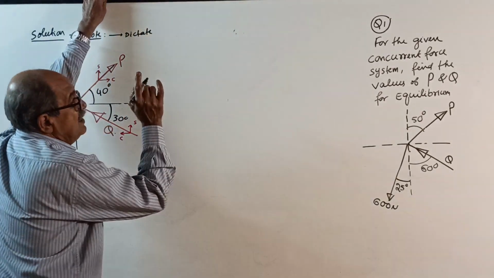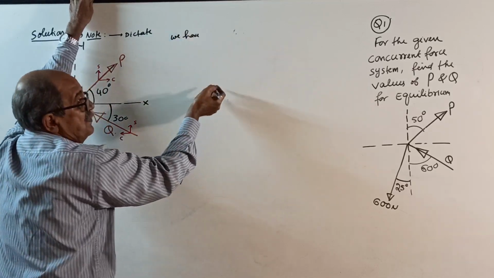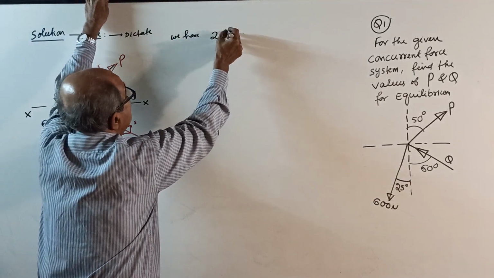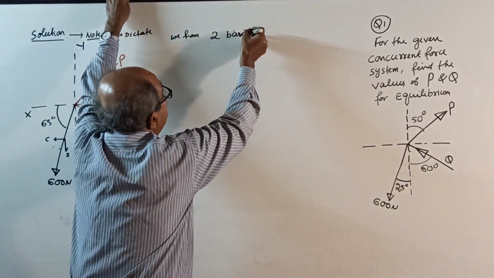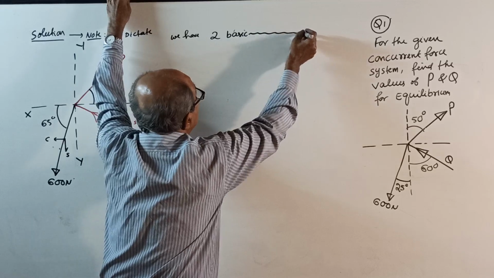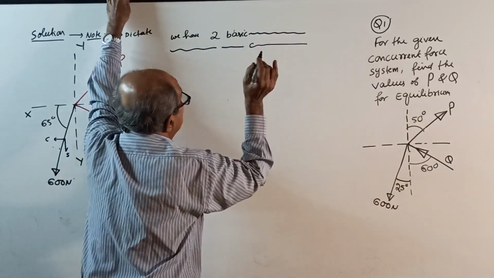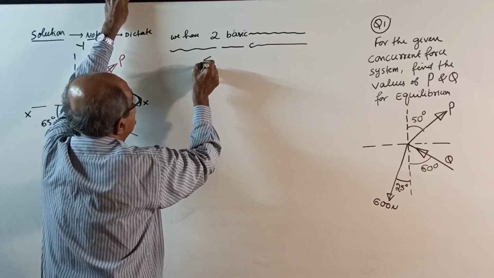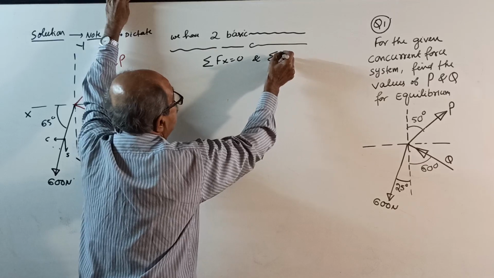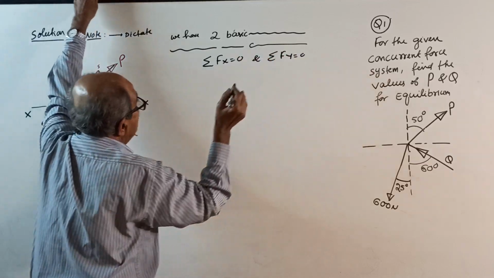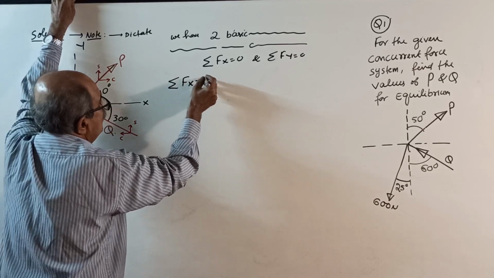Now, right here, we have two basic conditions. I'll dictate: two basic conditions of static equilibrium applicable for a concurrent force system, namely sigma Fx equals 0 and sigma Fy equals 0. Okay, apply sigma Fx equal to 0.